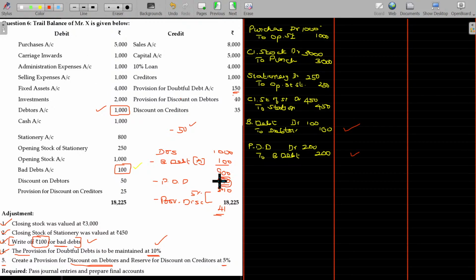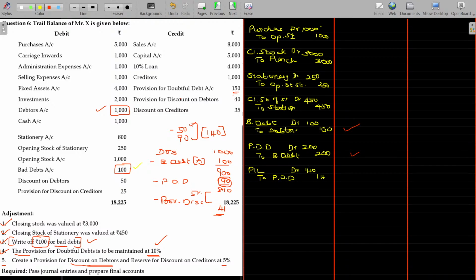Am I right? 90 rupees required to be maintained. Already there is a shortage of 90. Add up that. So we need to create 140 rupees by charging the P&L account. So we are going to debit the P&L account with 140 and create the PDD. So the entry here being profit and loss account debit to PDD, 140.